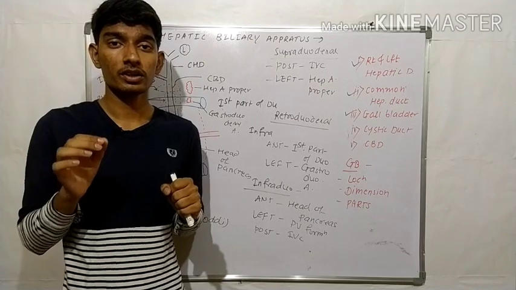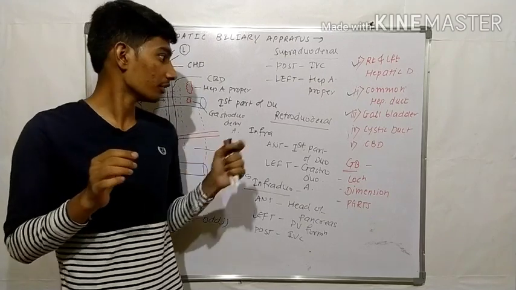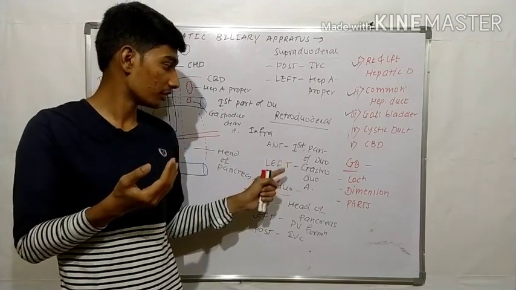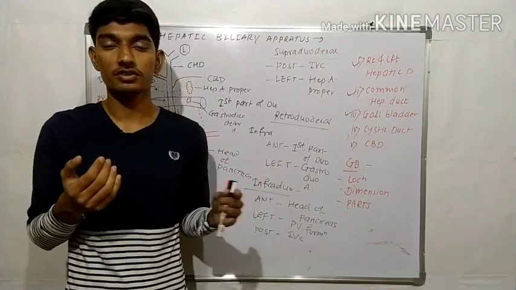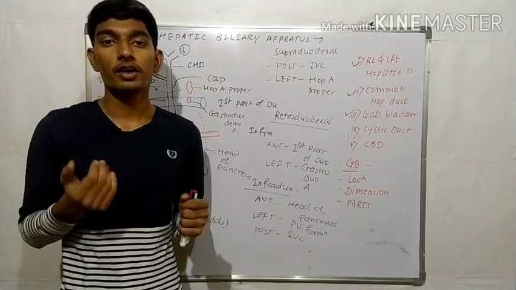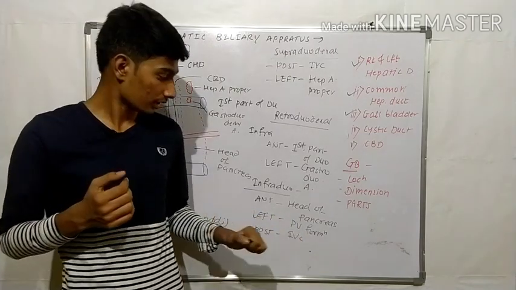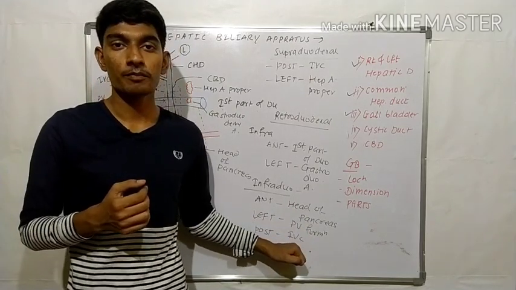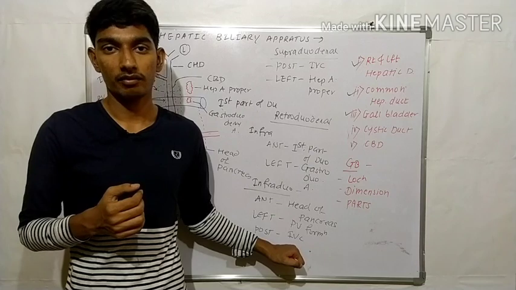Retroduodenal part: anteriorly the first part of the duodenum, and on the left side the gastroduodenal artery. Infraduodenal part: anteriorly the head of the pancreas, left side portal vein formation, and posteriorly the inferior vena cava.